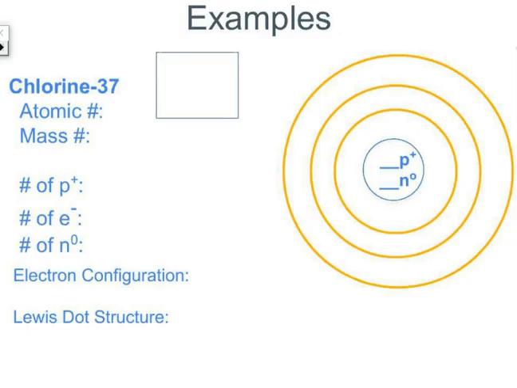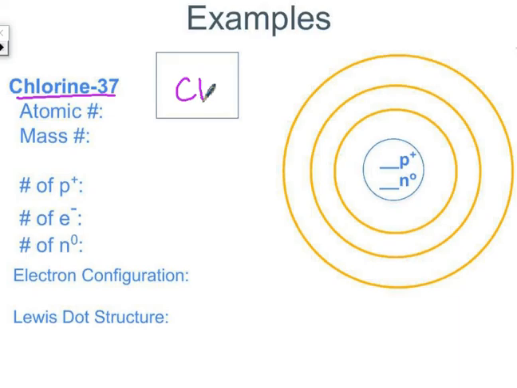All right, let's look at our last example before we break out. So, chlorine. You have to find chlorine on your periodic table, and Cl is your symbol.